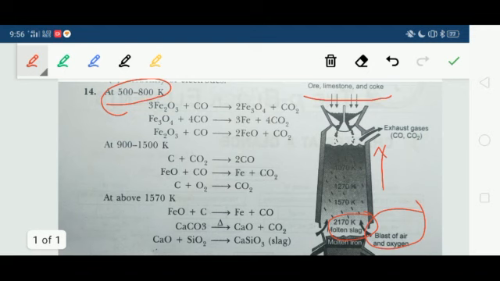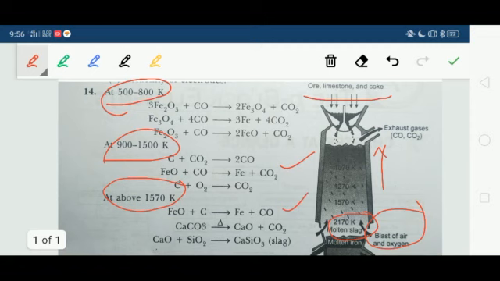At 900 to 1500 Kelvin, carbon, that is coke, converts carbon dioxide to carbon monoxide, and this carbon monoxide further reduces the ferrous oxide to iron. And at temperatures above 1570 Kelvin, the following reaction takes place: the ferrous oxide is reduced by coke, that is carbon, to form iron.